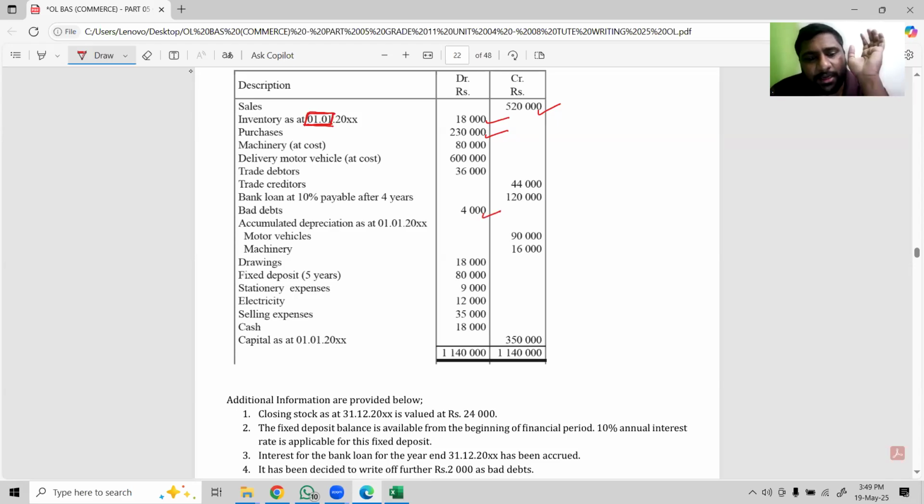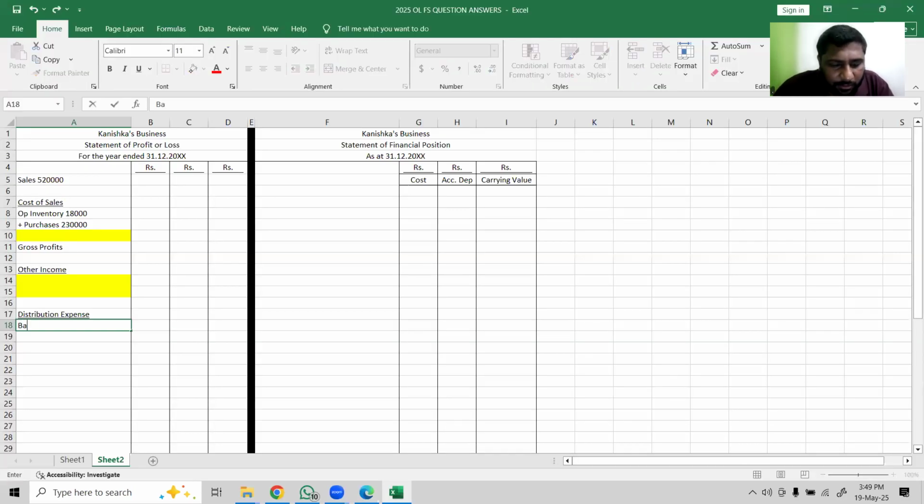Whatever the expenses connected with the sales, whatever the expenses connected with marketing, advertising, customer related things, or delivery related things, delivery distribution related things, all these are coming under the distribution expense. So bad debt 4,000.